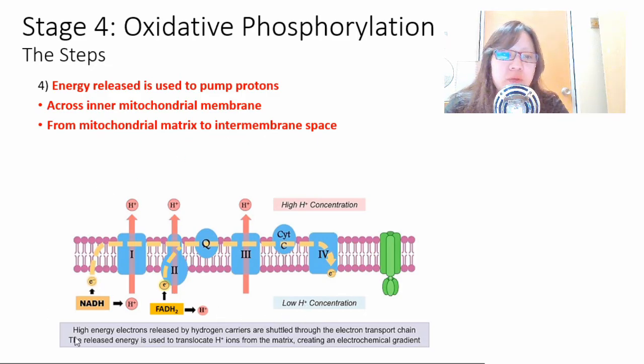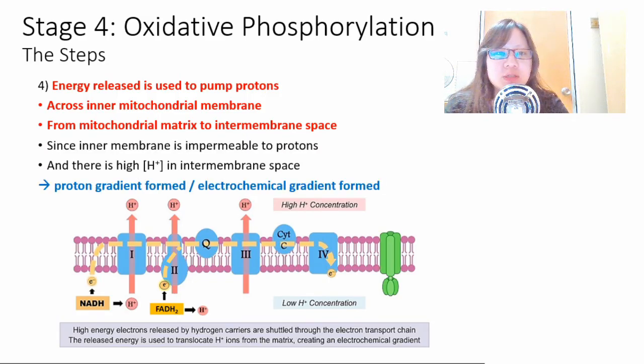The area down below here is the mitochondrial matrix. The area above here is the intermembrane space. So protons get pumped across the membrane, and this forms what we call a proton gradient or electrochemical gradient. This is formed because the inner membrane is impermeable to protons, because the phospholipid layer has a hydrophobic core, and ions cannot pass through it.